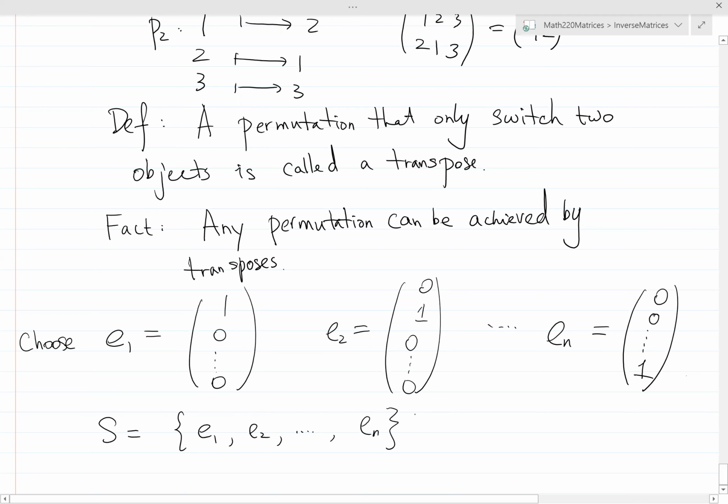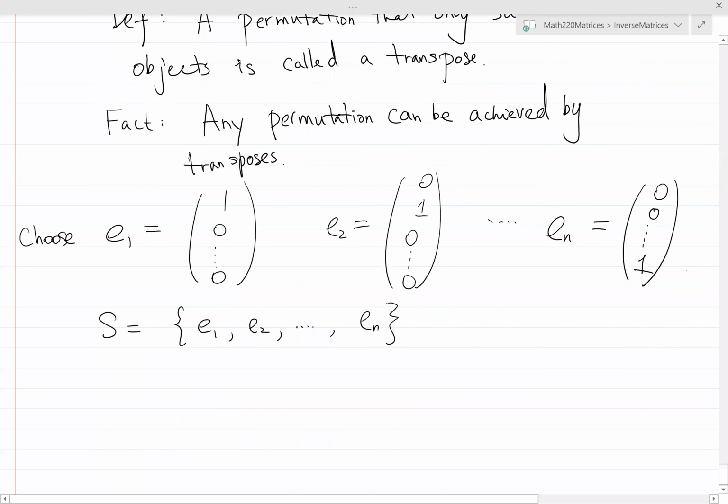With n objects, we can now use a matrix to represent a permutation.